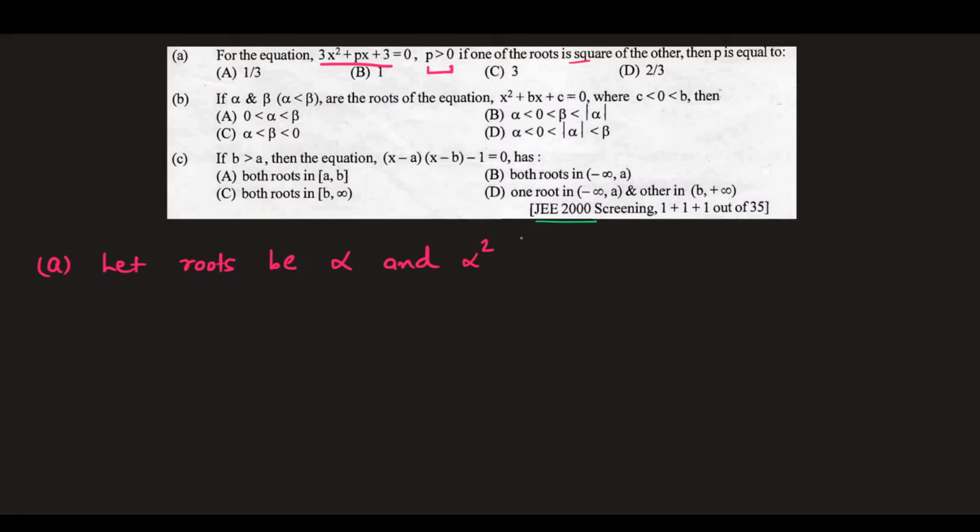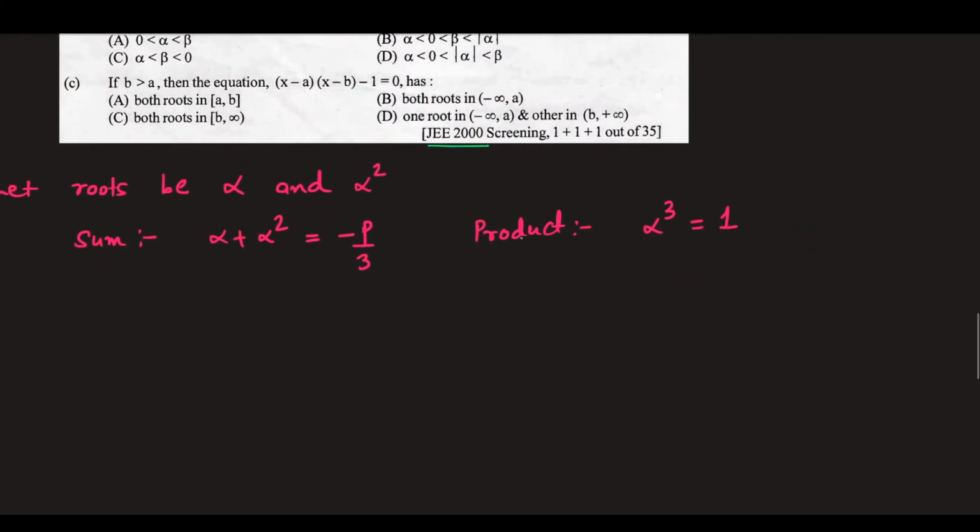From the sum condition, we got alpha plus alpha square is minus p by 3, and from the product condition we get alpha into alpha square, that is alpha cube, is equal to 3 by 3, that is 1. Okay, now just look at this thing.